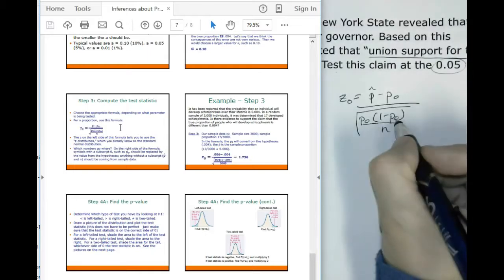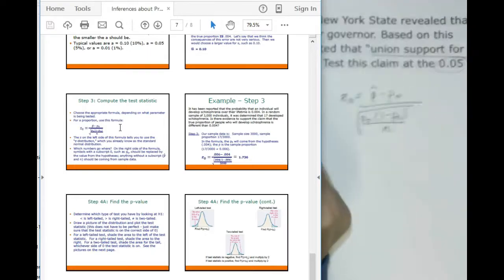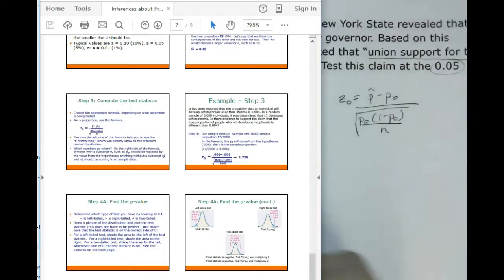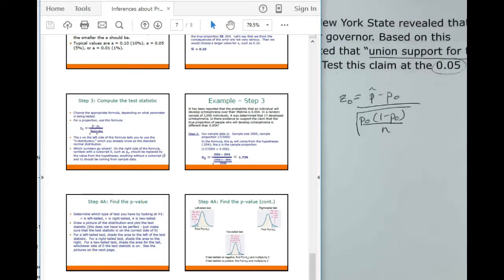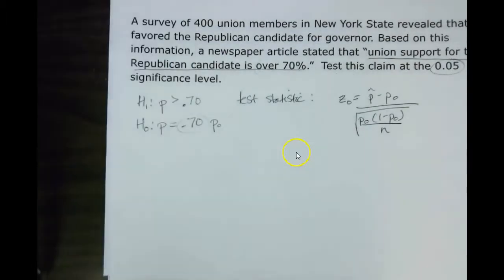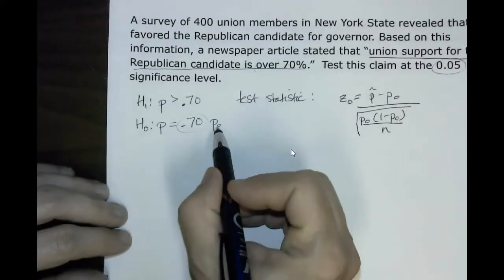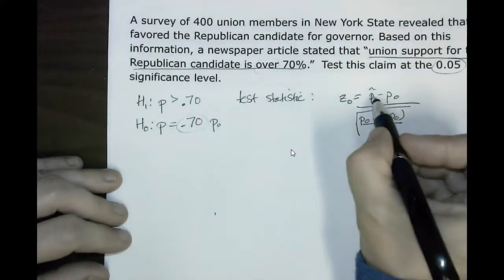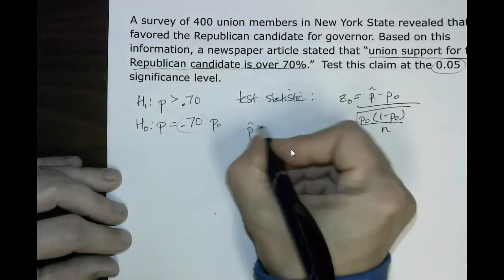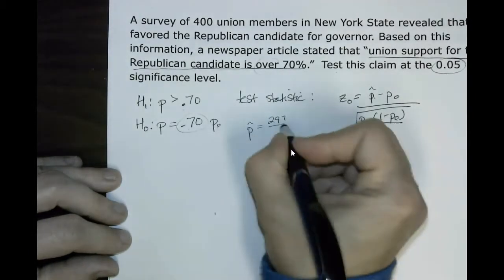Okay, and the p-zeros in here, those come from your hypotheses. So this 0.70 over here is your p0. The p-hat comes from your sample data. So that would be, again, the 297 over 400.